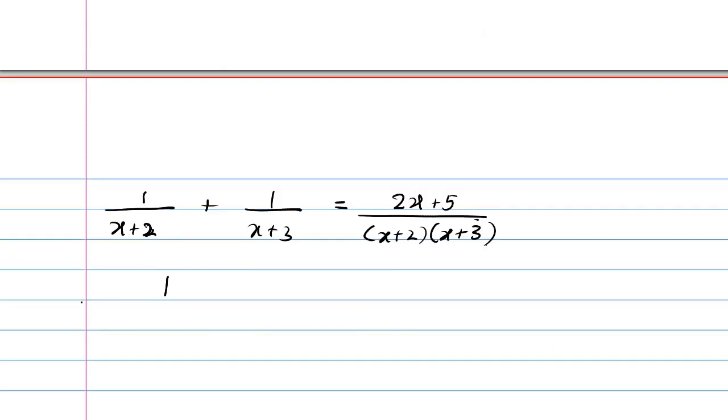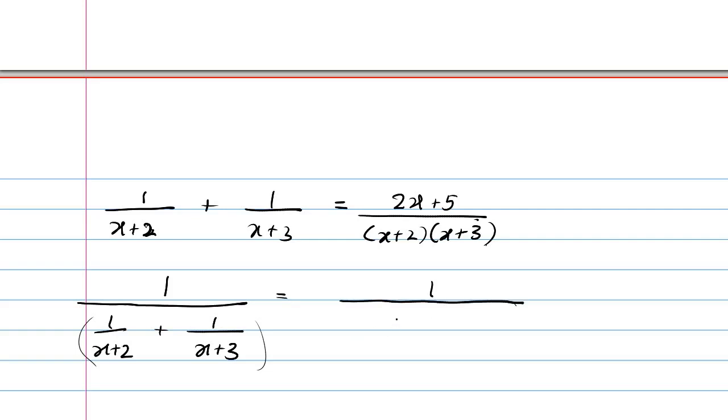If you remember, in the question we had 1 over 1 plus 1 over x plus 2 plus 1 over x plus 3. So what we can do is just replace this whole thing by what we found out. We still have the numerator 1, and then this is just 2x plus 5 over x plus 2 and x plus 3. So we have 1 divided by a fraction.